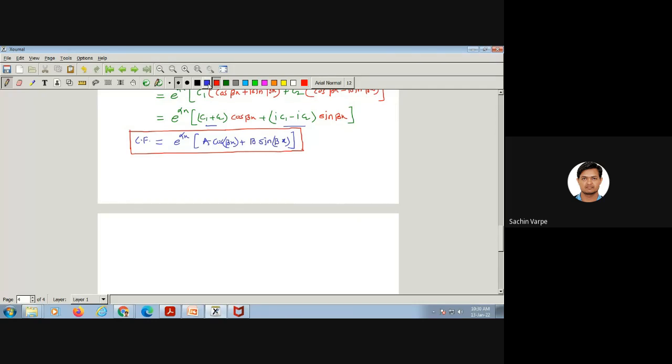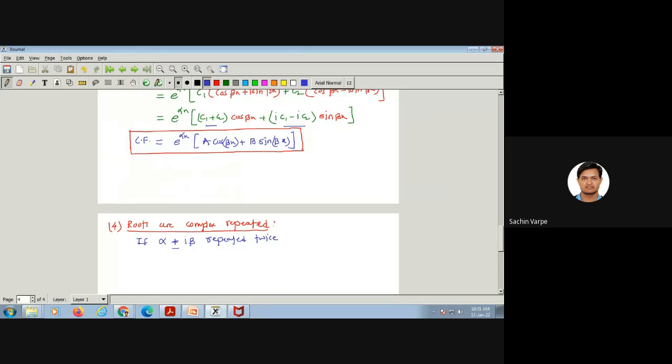Now, in case of complex repeated roots, that is the fourth nature, if roots are complex repeated. Suppose alpha plus i beta is repeated twice, so its conjugate will also repeat twice, right?